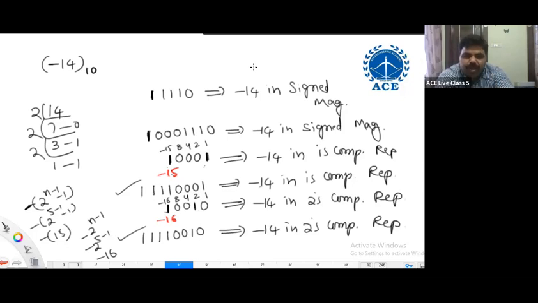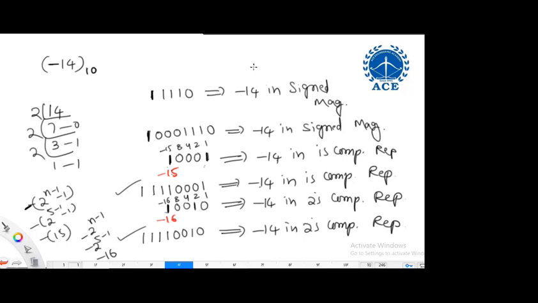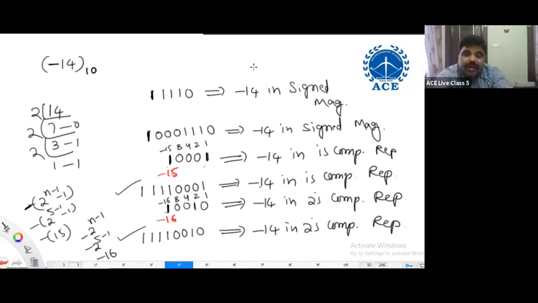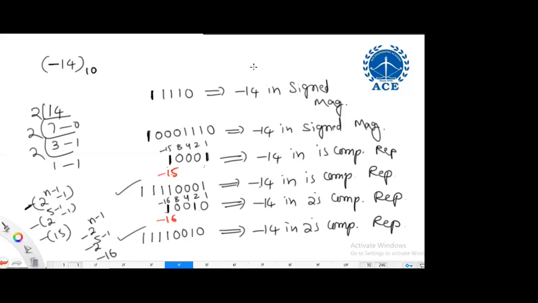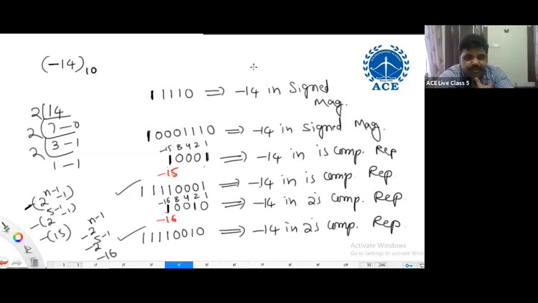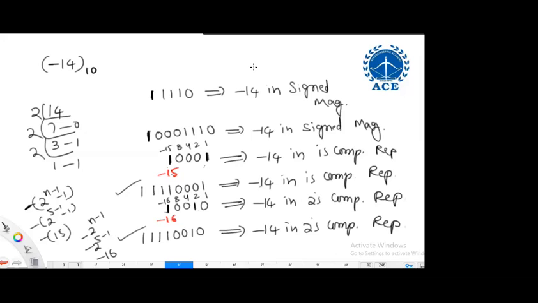MSB has a weight. With that weight, we need to proceed to complete that representation. So what is the MSB weight we are calculating? Then what is the number we want to represent? Then what should be added to that MSB weight? If MSB itself is sufficient, then no need to add the remaining ones. Okay, sir. That's it.